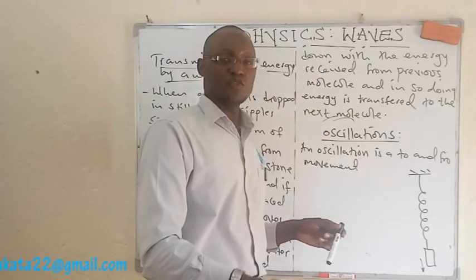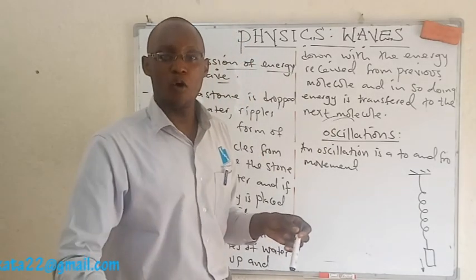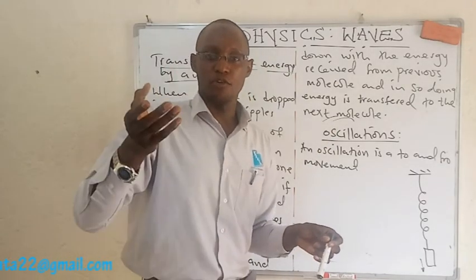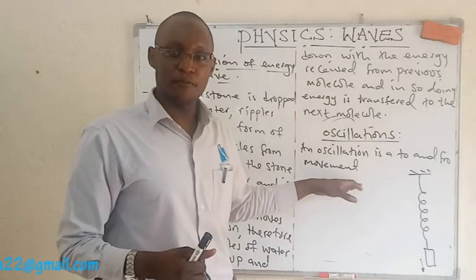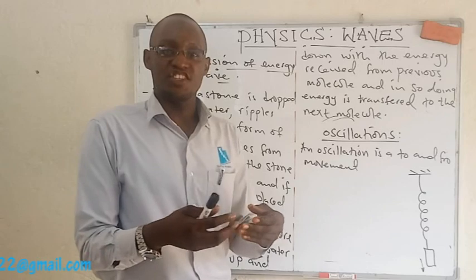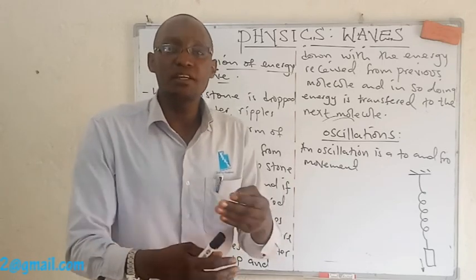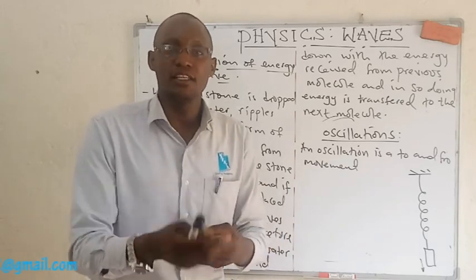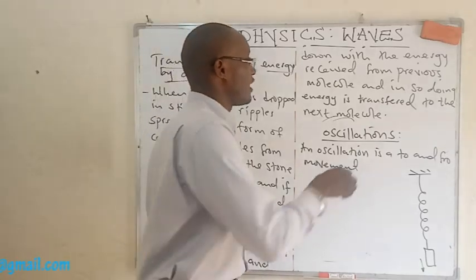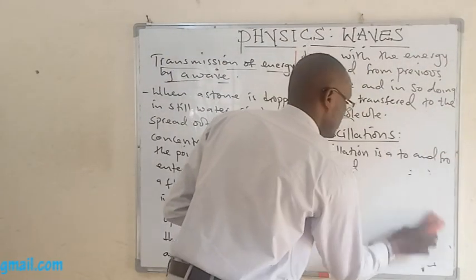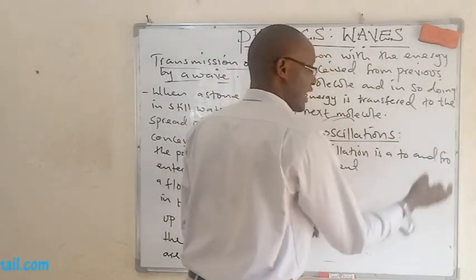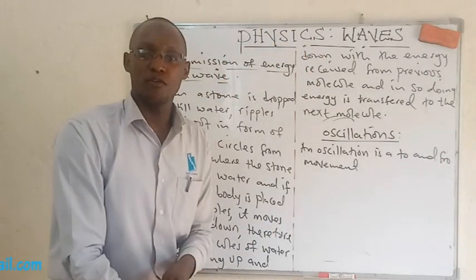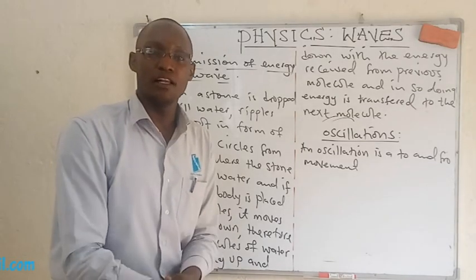It can be about a mid position, or what we call an equilibrium position. So we can also define an oscillation as a change which keeps on repeating itself regularly. You have caused a change in the spring and it is repeating itself regularly.